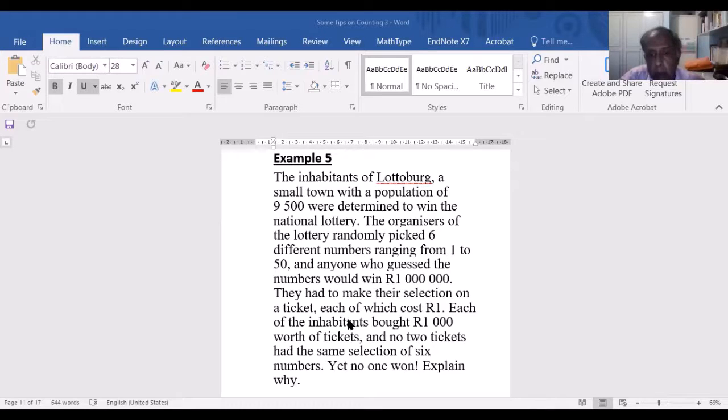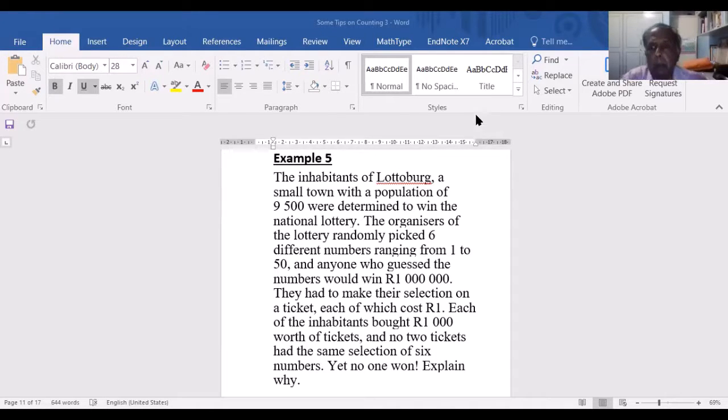And no 2 tickets had the same selection of 6 numbers. So if any one person chose 1,000 numbers, he chose 1,000 different numbers, and every other person chose a new set of 1,000 numbers. So there were 9,500 sets of 1,000 numbers. There were lots and lots of tickets, so many different choices. But the remarkable thing was, yet no one won. And the question is, explain why no one won.